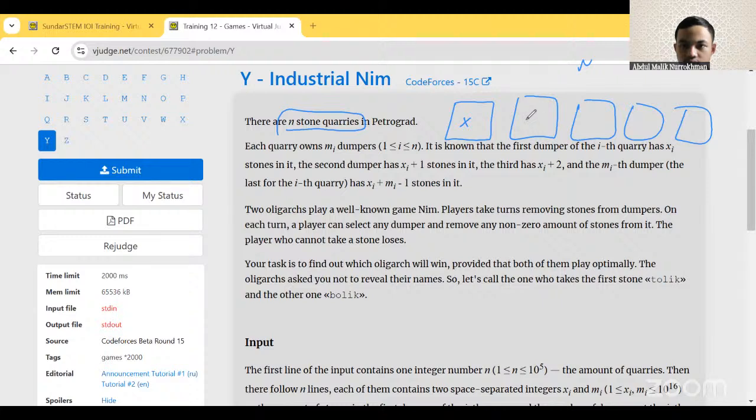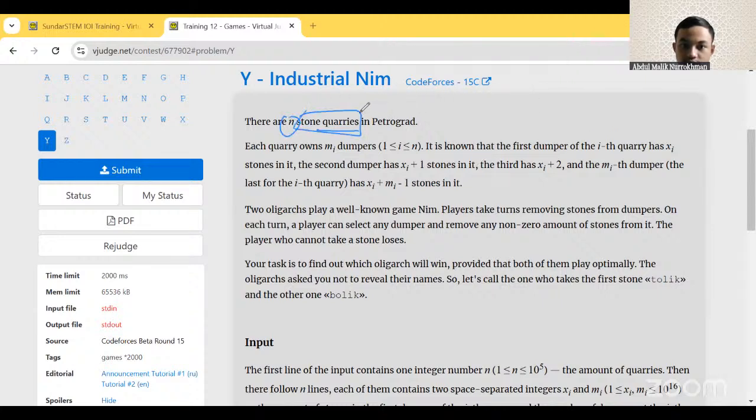And then in the second pile, there are x plus one stones. In the third pile, there are x plus two stones, and so on. Sorry, I think it is different between queries and piles. There are n queries.